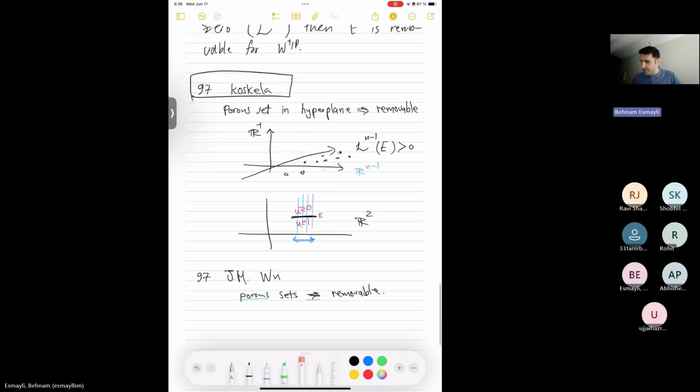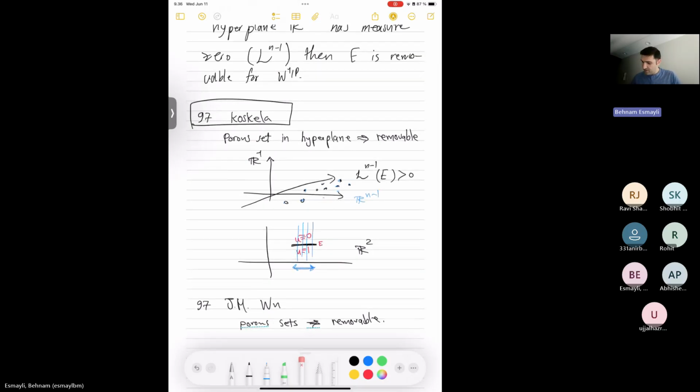In fact, the proof by Pekka is using the same idea of looking at all the parallel lines going down here and here. So what he proved was that if you are porous, then the limit going from above matches the limit going from below for almost every line, therefore proving absolute continuity on almost every line.